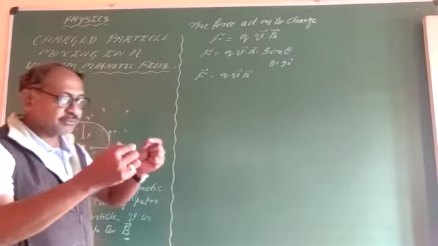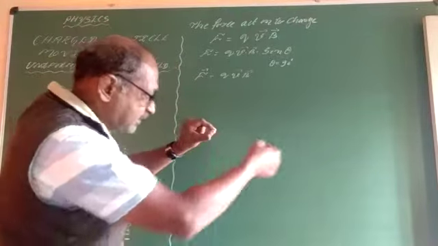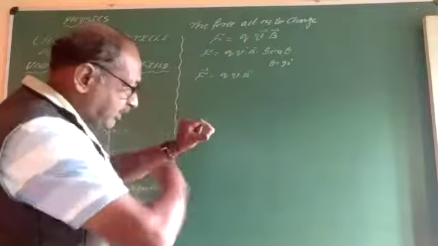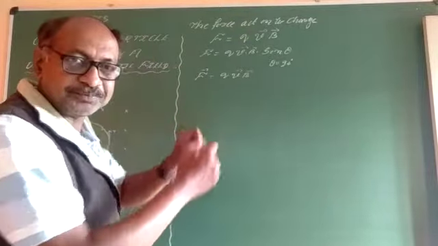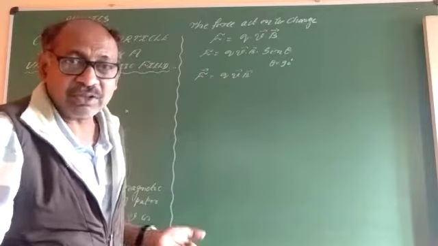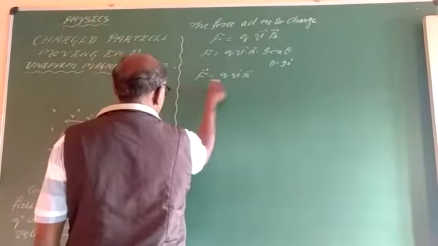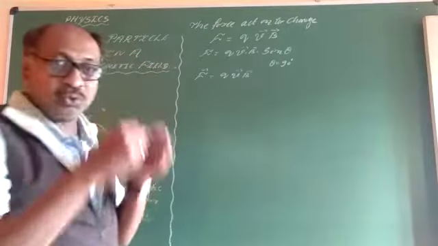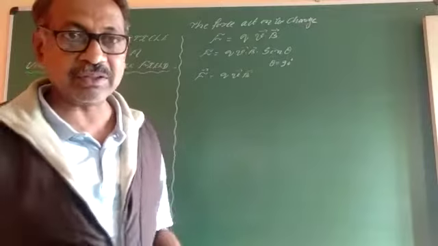Then the centrifugal force is acting towards the center. The charged particle is rotating like this, and the force is always acting towards the center. Then we can call it the centrifugal force. Therefore, the force acting towards the center, what is that force?